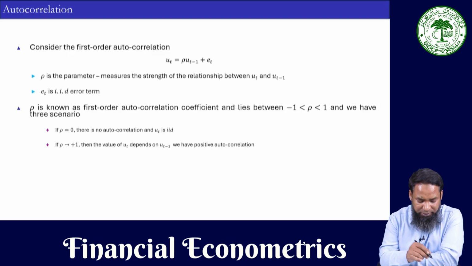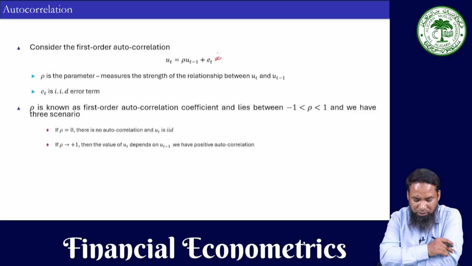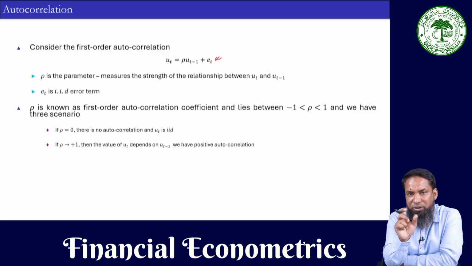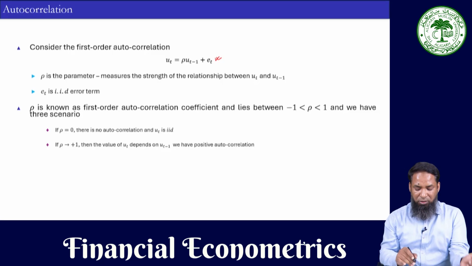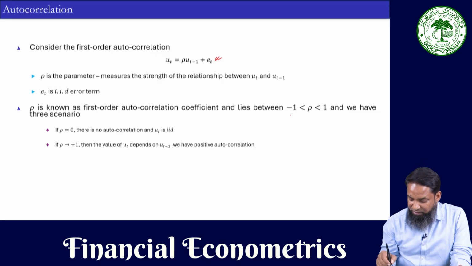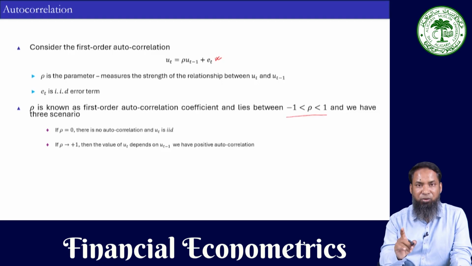Now, let us consider this first order autocorrelation term. So, rho is the parameter that measures the strength of association between ut and ut minus 1, and here et is the error term which follows a normal distribution. Then rho is known as the first order autocorrelation coefficient and lies between minus 1 and plus 1, and we have three scenarios.